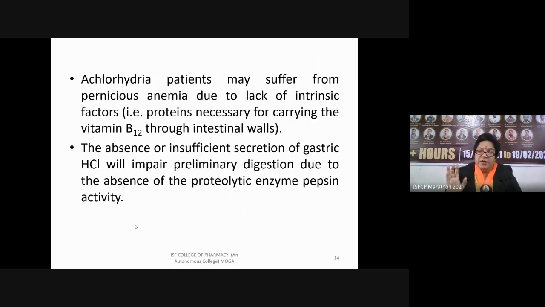So the first step itself will go wrong if hydrochloric acid is not there. Our diet is composed of carbohydrates, proteins and fats, and proteins are the building blocks of our body. We have to take a balanced diet and the protein portion is definitely important. And so the very first step of digestion will be hindered.